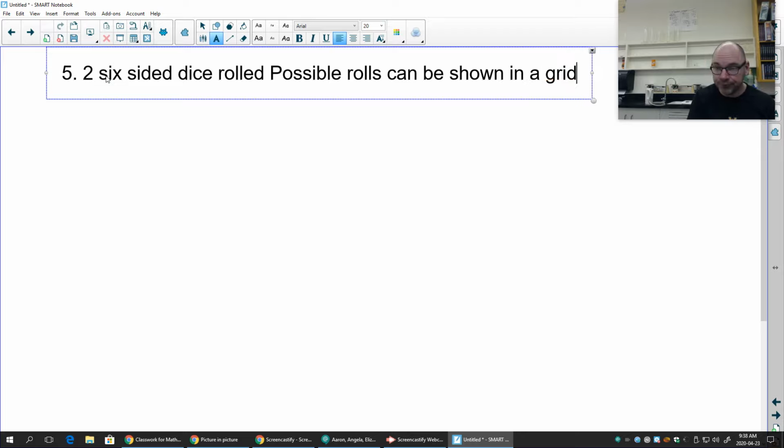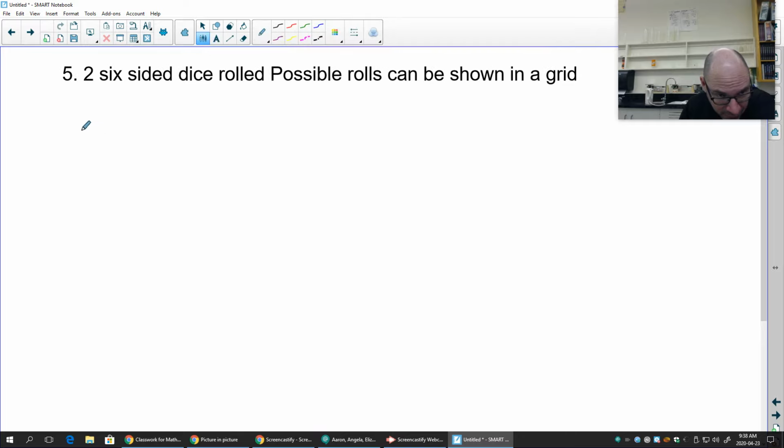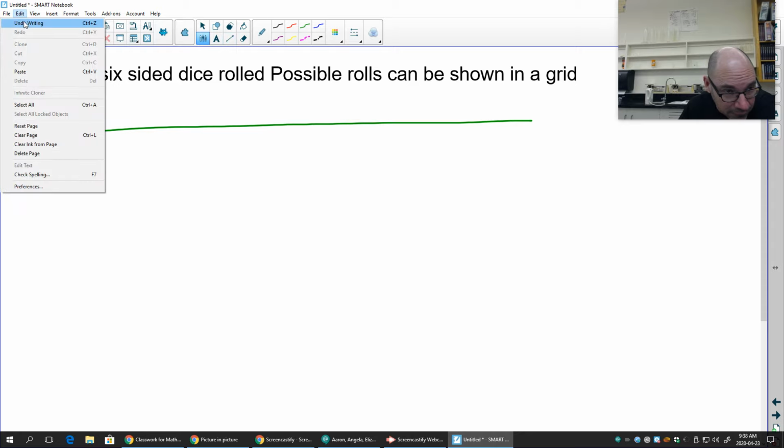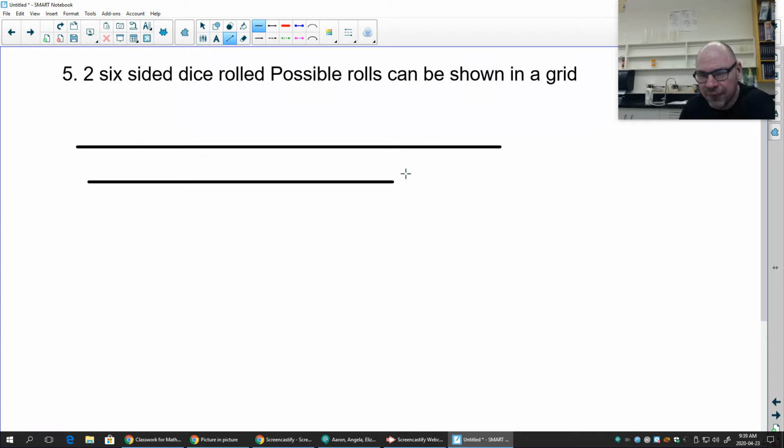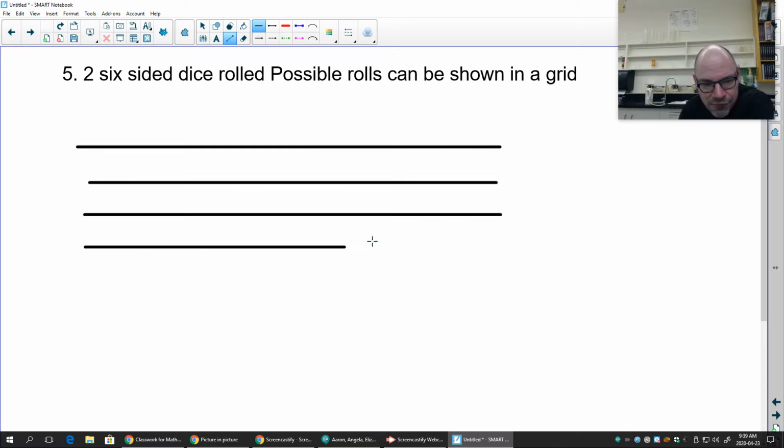I'm going to write my grid out here, and make it 6 by 6. I'm going to make it a little bit bigger. I should use a straight line tool here to make it a little easier. So let's delete that one and use a straight line tool. This is going to be my field of possible rolls.